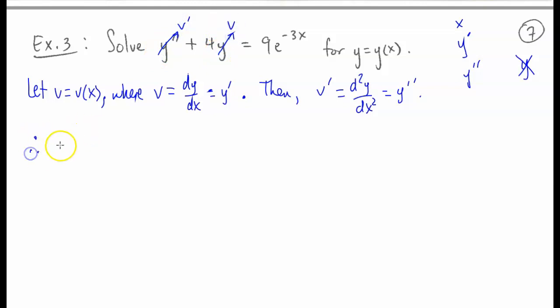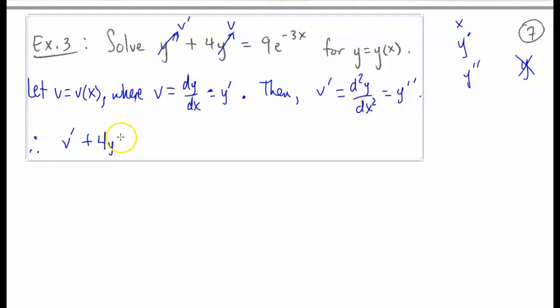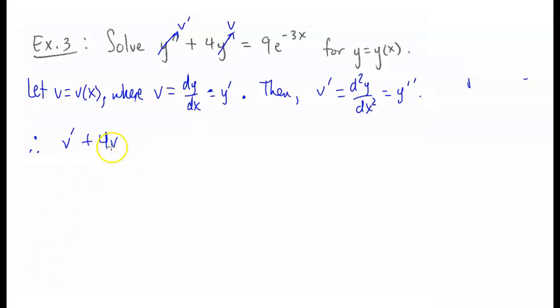And so if we do that, then of course we got v prime plus 4v, not y. So let me change that here. Yep, so here I got v equals 9e raised to the minus 3x. And so if you notice, this looks like a first order linear ODE.